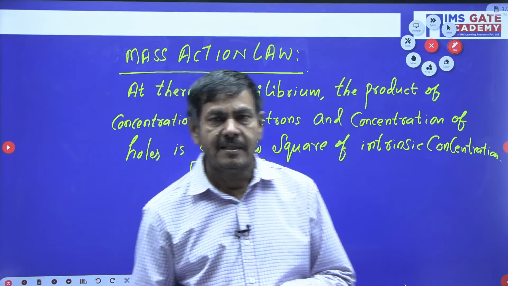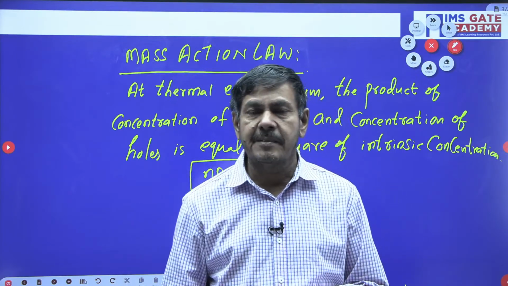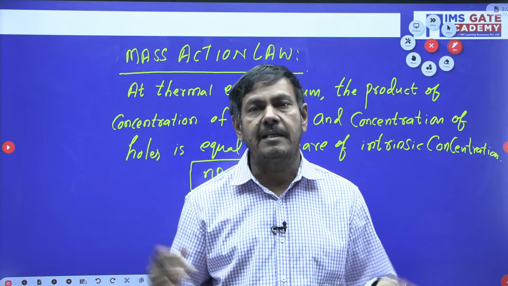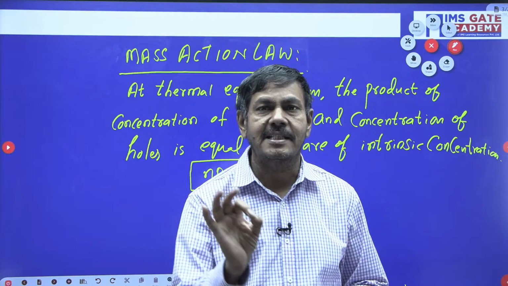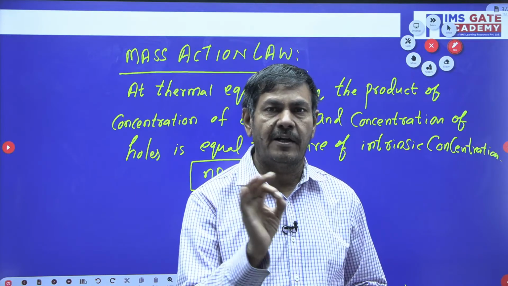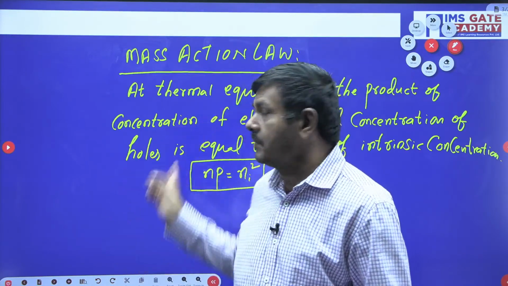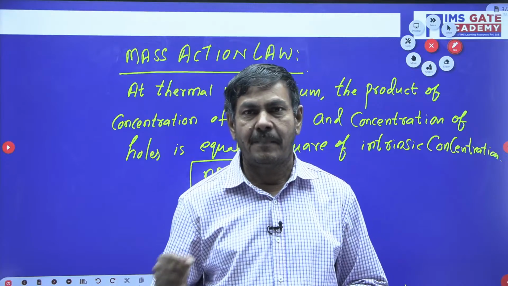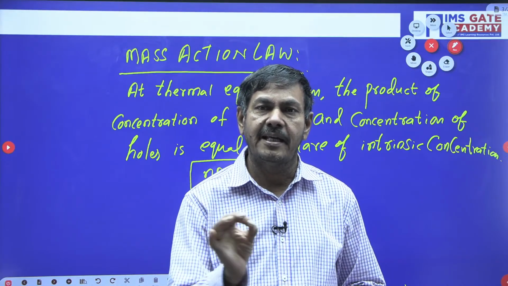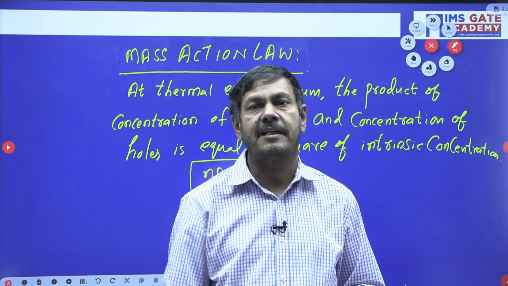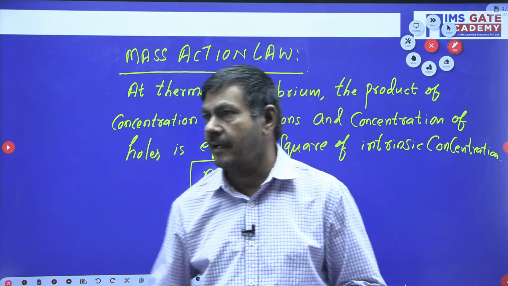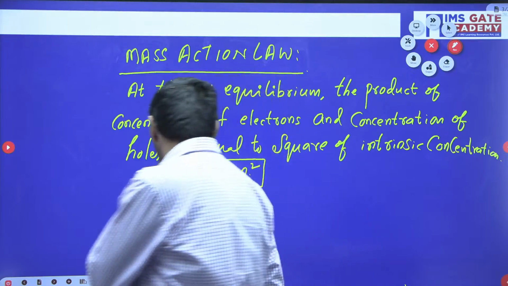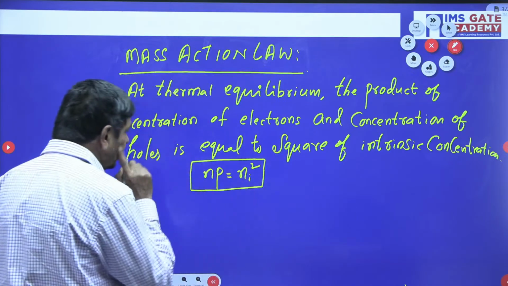Suppose in an extrinsic semiconductor you want to find the minority carriers, how many exist in a given semiconductor. You should use the mass action law. Suppose you want to find the concentration of electrons in the given material.